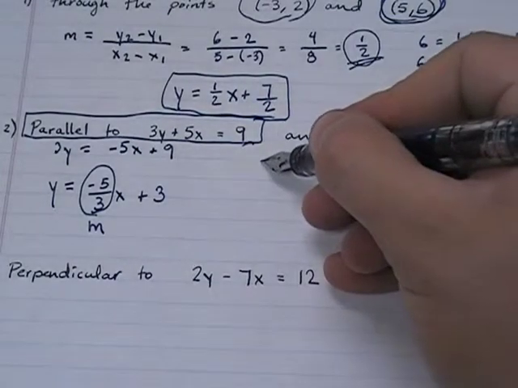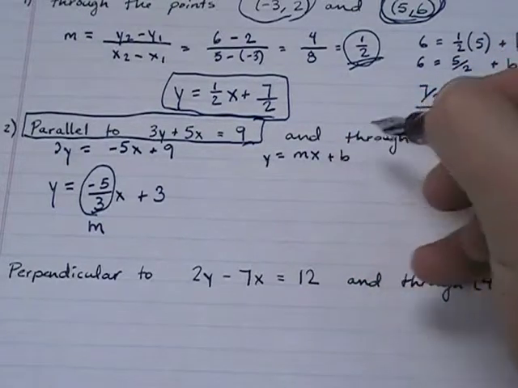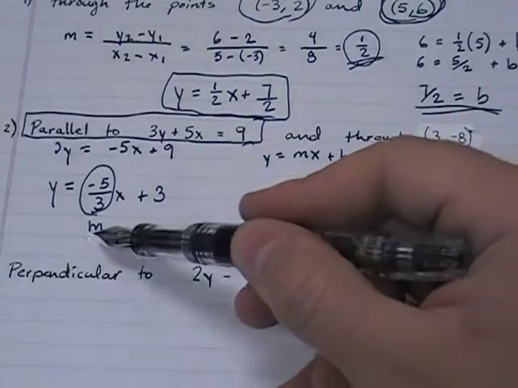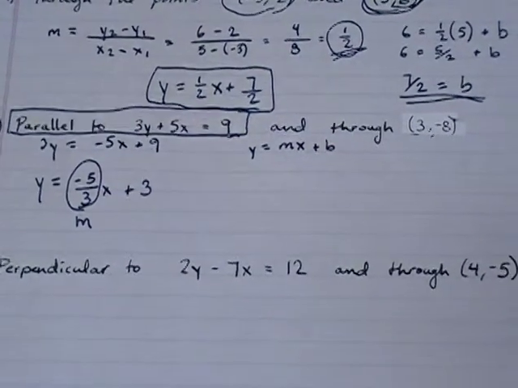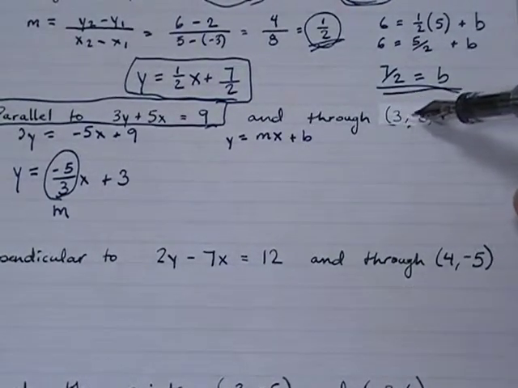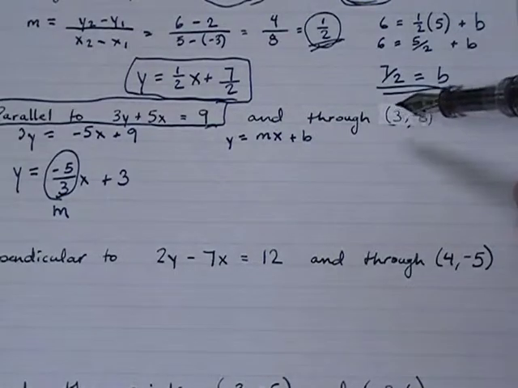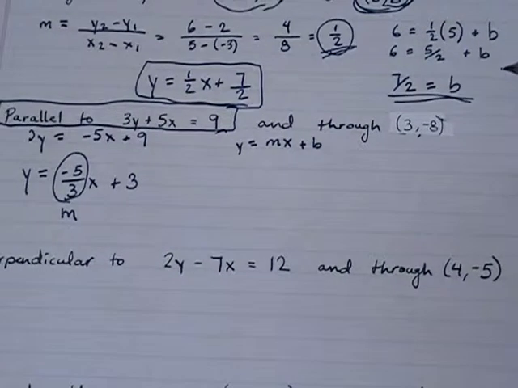So I say, okay, my new equation will be y equals mx plus b. I need to find m and I need to find b. I just found m. How do I find b? Well, very similar to our last problem, we've got (3, -8). They gave us a point. That means if I plug this point into my equation, it must come up that the two sides are equal.